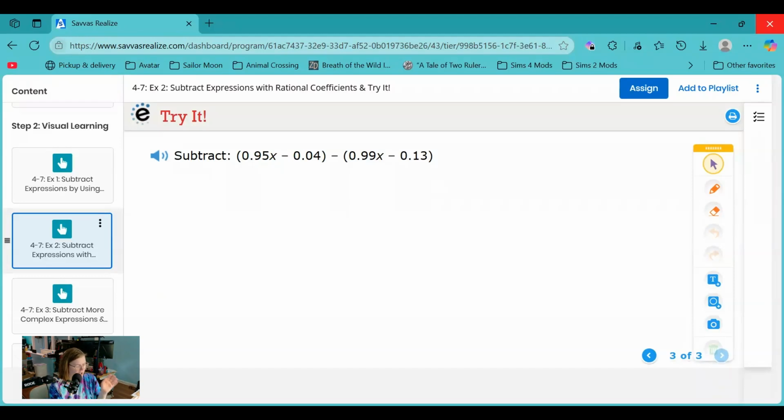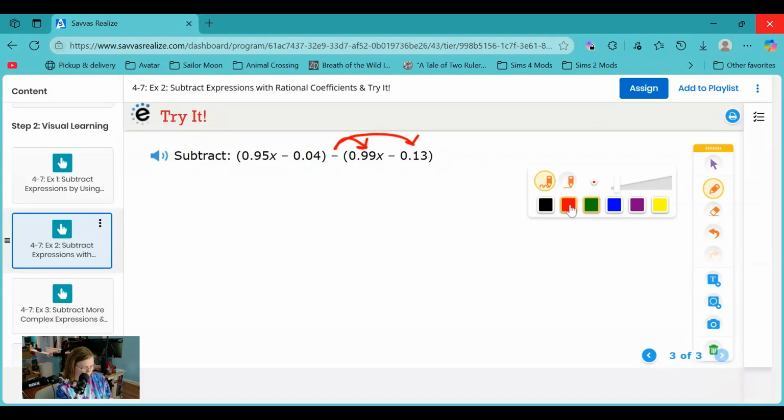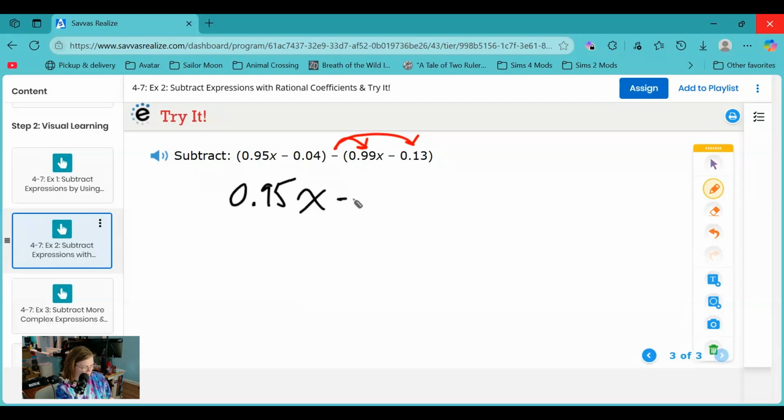So first, we can either use the invisible one or distributing the negative. I like distributing the negative, so I'm going to show that. And then I'm going to rewrite my expression. So I've got 0.95x minus 0.04.